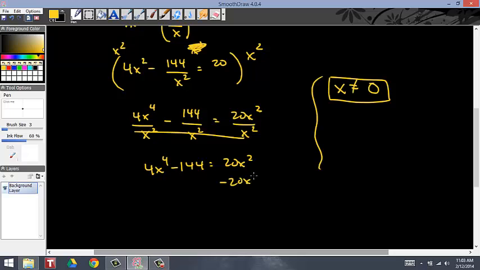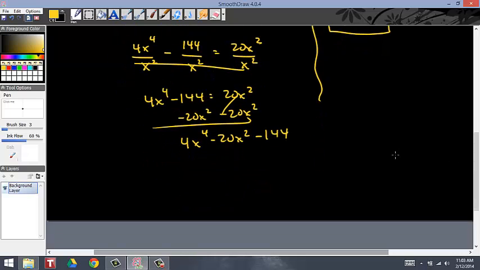I'm going to subtract 20x squared from both sides. So that's going to be 4x to the fourth minus 20x squared minus 144. From here, I can go ahead and factor out a 4. So I get x to the fourth minus 5x squared minus 36 equals 0.